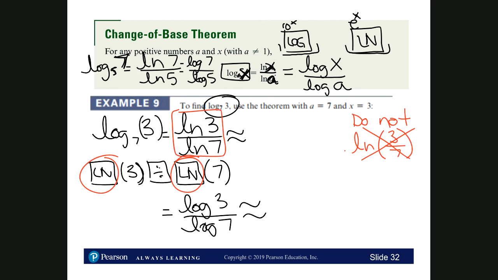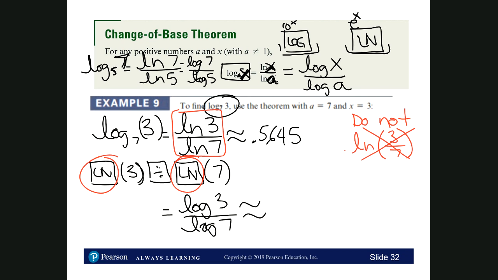So I'm going to find it with my calculator. And that will give me 0.56457.